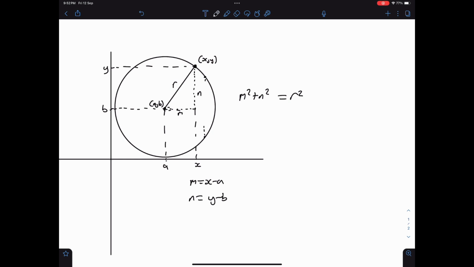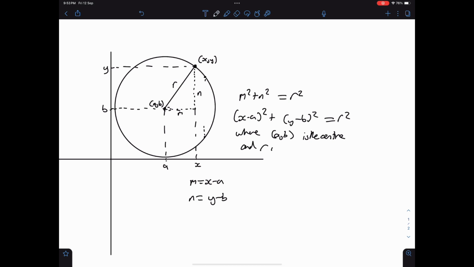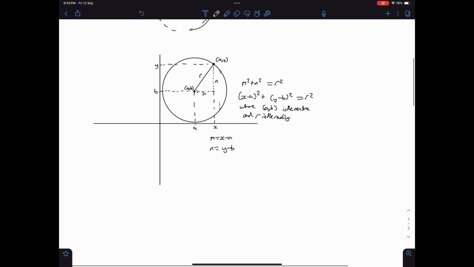So now we've got this thing, x minus a squared plus y minus b squared equals r squared, where a, b is the centre, and that's the point from which all the points on the circle are equidistant, and r is the radius, and that's the equidistant distance. And so that is the equation for a circle.